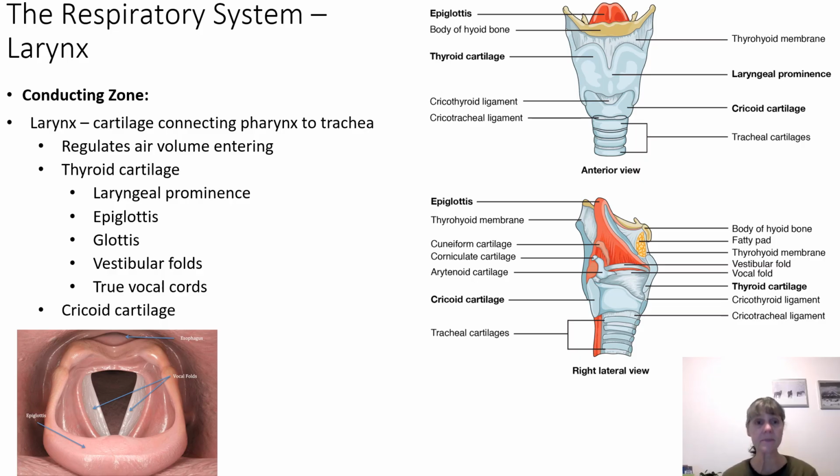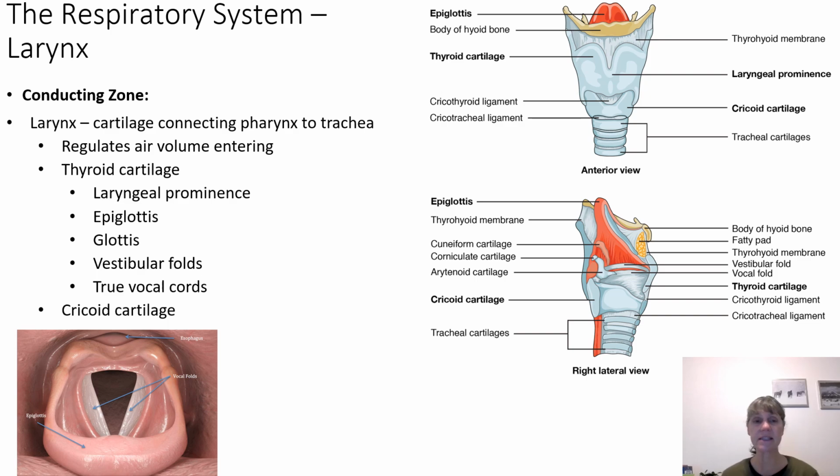The respiratory system continues with the larynx, which is still part of that conducting zone, and the larynx is made up of cartilage that helps connect the pharynx to the major airway, which is the trachea, and it regulates the volume of air entering.